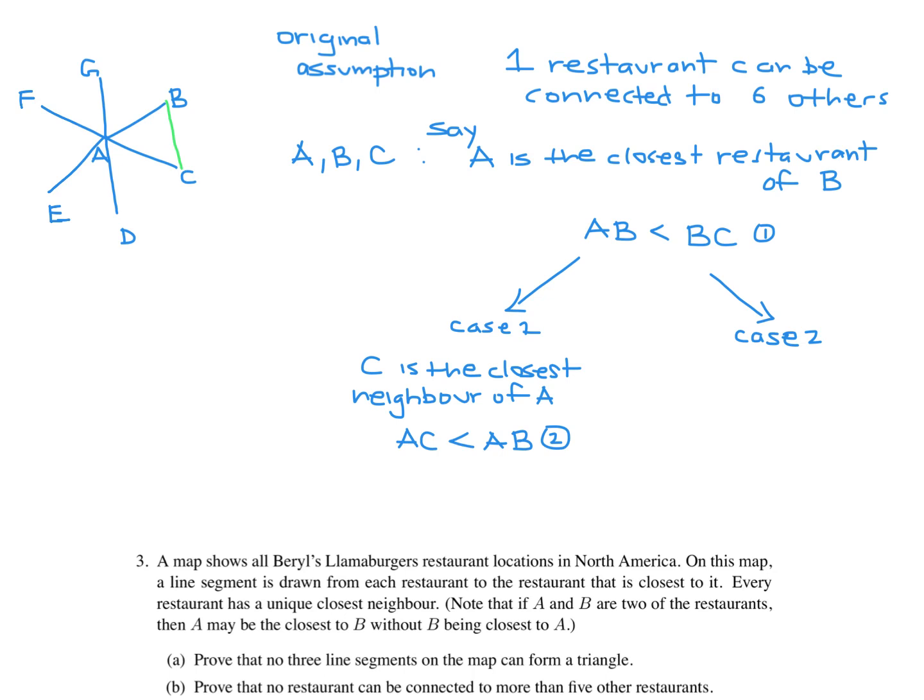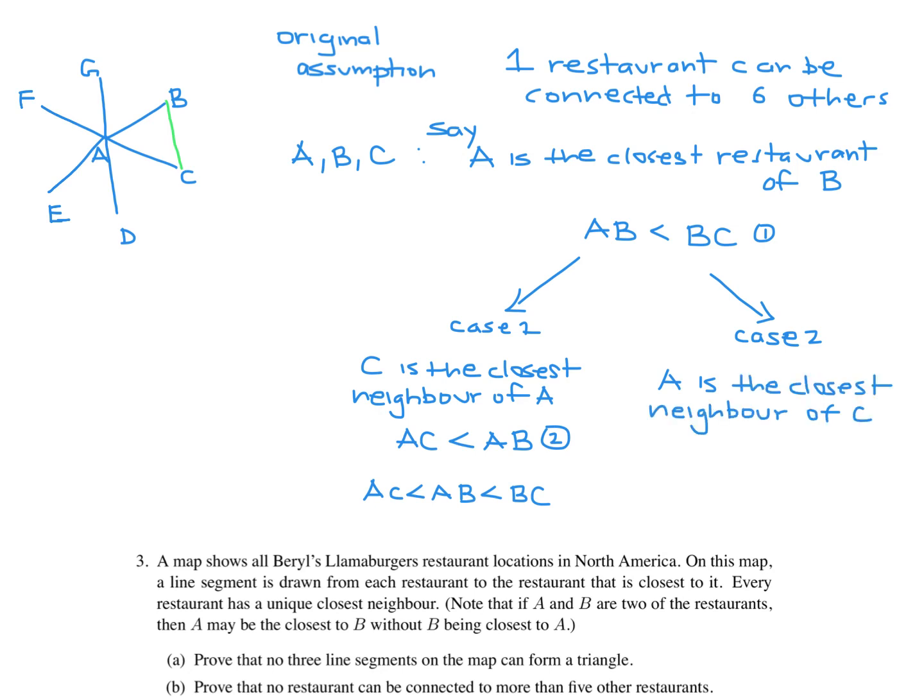Okay, so if we combine A and B, that means that AC is less than AB is less than BC. So it's nice. There's no contradiction there. Okay, case 2. Case 2 is that if this holds true, then we will say that A is the closest neighbor of C, because A and C are connected.